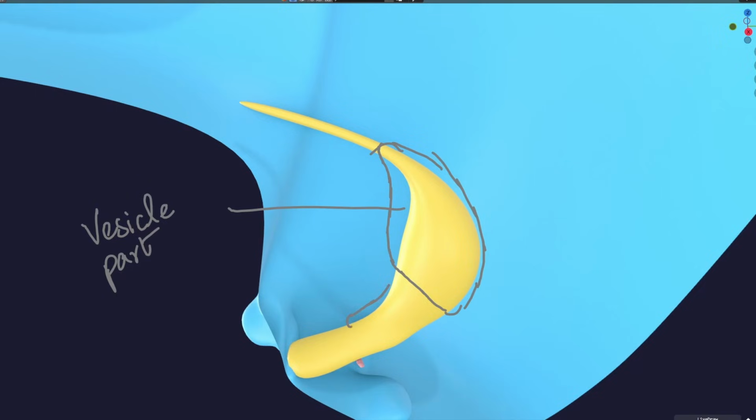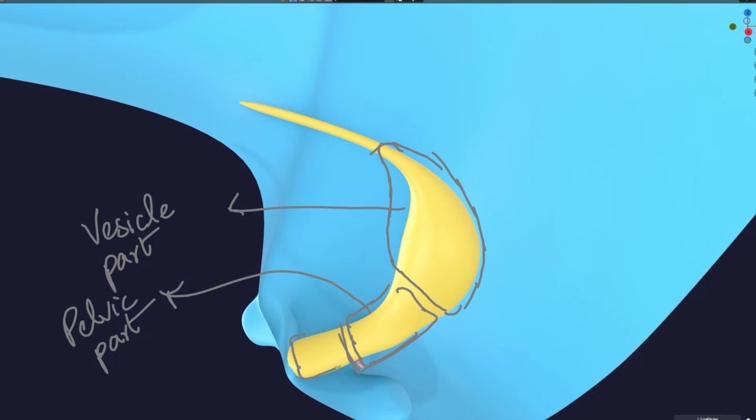Then here is the pelvic part of the urogenital sinus, and here is the last part of the urogenital sinus. Now this last part is closely associated with the genital tubercle, and the genital tubercle in males will form the penis, and in females it will form the analog of the penis, that is the clitoris.